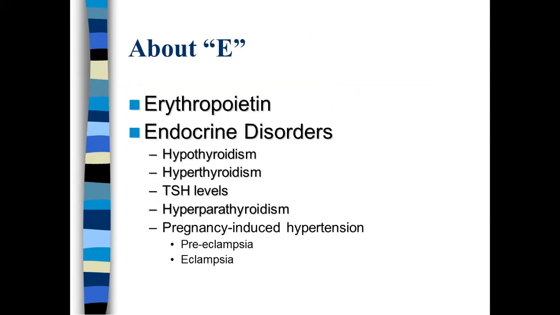Also, erythropoietin increase, especially in patients who are living at high altitudes. Excess erythropoietin released by the kidney will increase the hyperviscosity of the blood and produce hypertension.